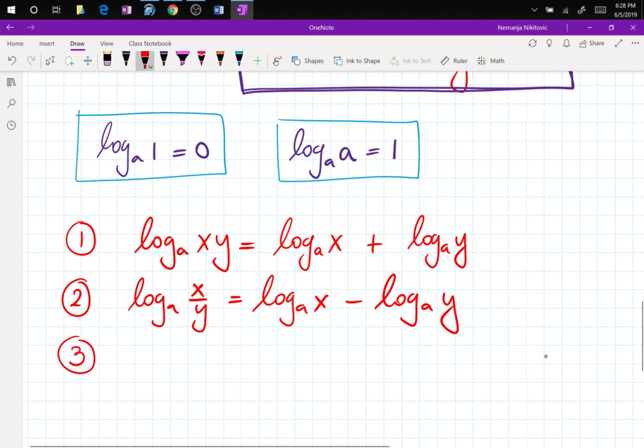These are products going into sums and quotients into subtractions. And then we have log base a of x to the p is p times log base a of x.